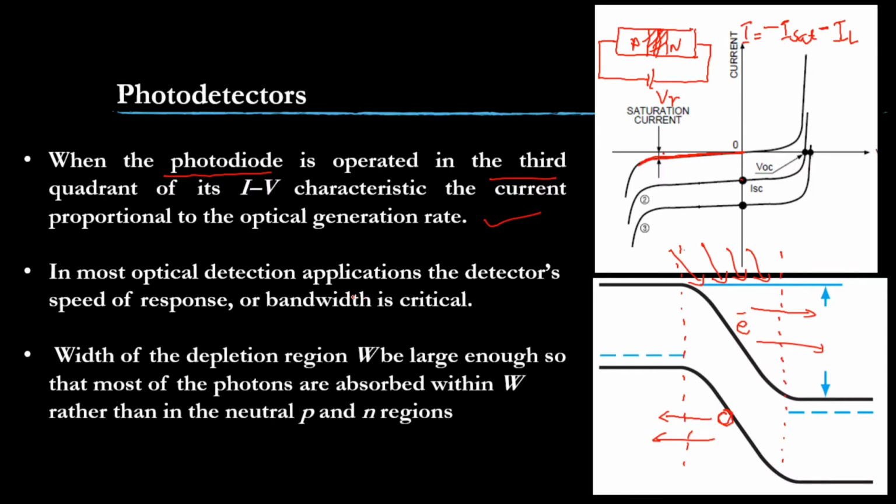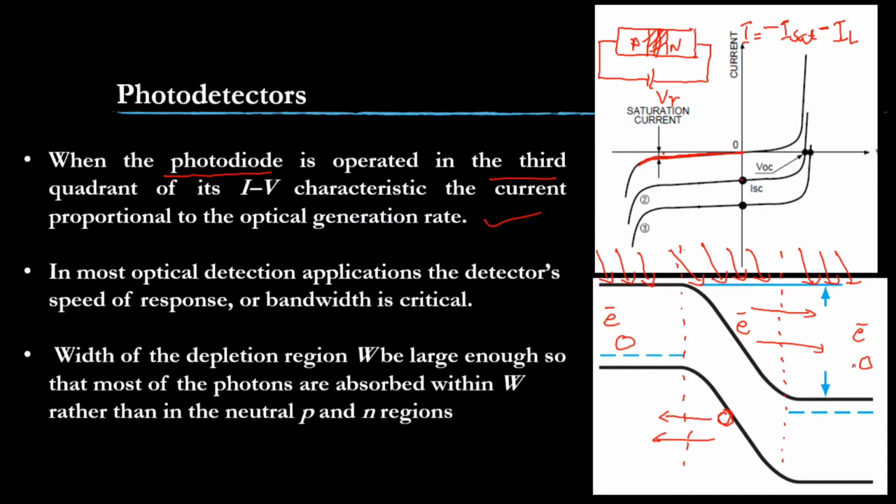Just look at this diagram. Assume light is falling on this neutral area. An electron hole pair is created. What will happen to this electron and hole? They are not experienced by any electric field.